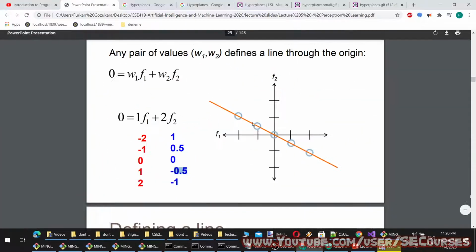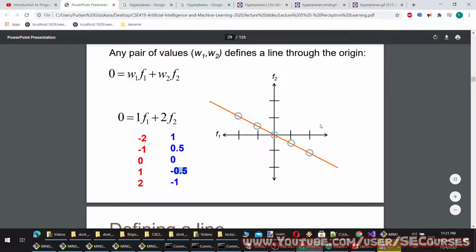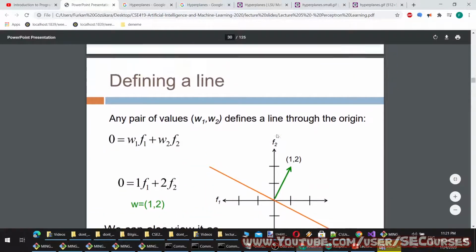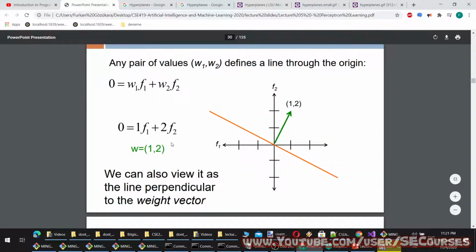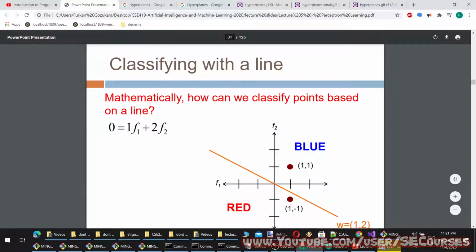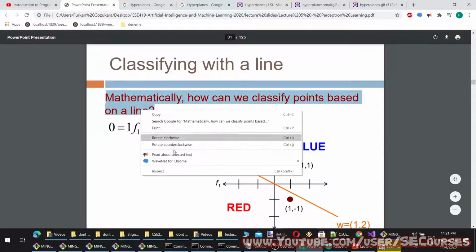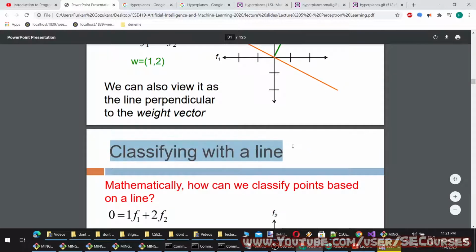So this is a line through the origin. This is how we define a line. We can also view it as the line perpendicular to the weight vector. Okay, so this topic is important.